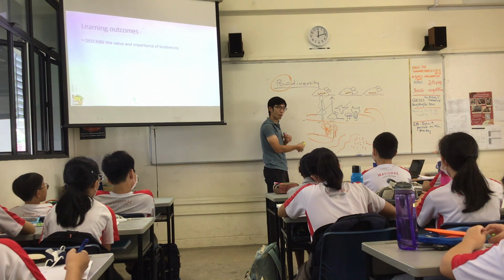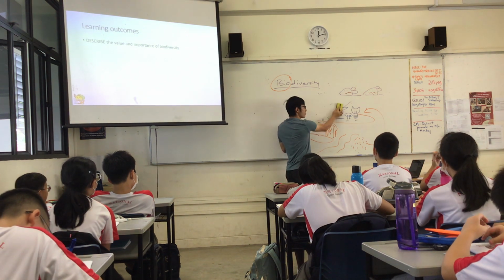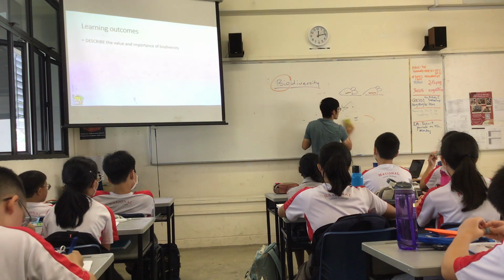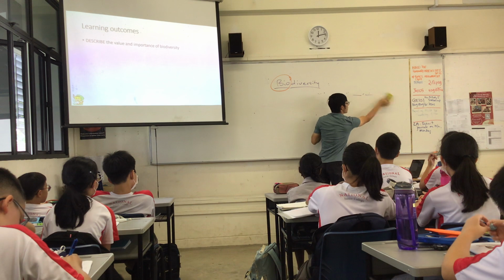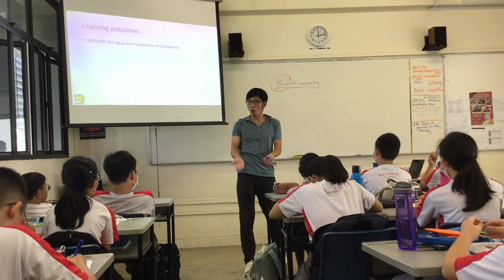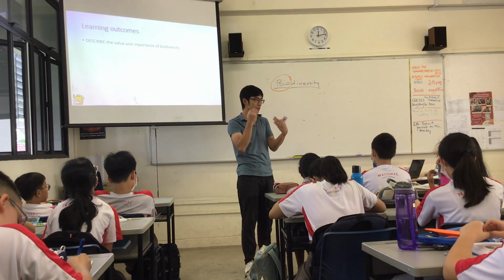Why conserve our biodiversity, rich as it is on each level? What value might it bring to us? Then we will share, we will write down as many points on the whiteboard, and afterwards we'll flip open the textbook, and I want to show you that actually we know the value of biodiversity. Okay, everyone, I'd like you to think.